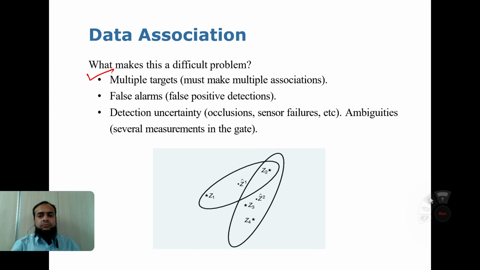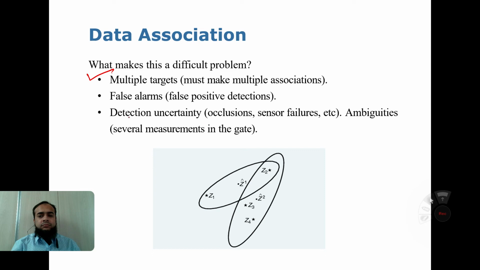We do not want to let two tracks select the same target. In a multiple target scenario, we want each track to have its own target. But it always happens that two tracks have the same measurement. So that is a problem. And also false alarms, false positive detection, and detection uncertainty.